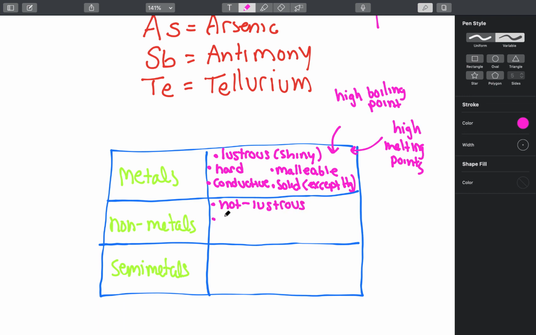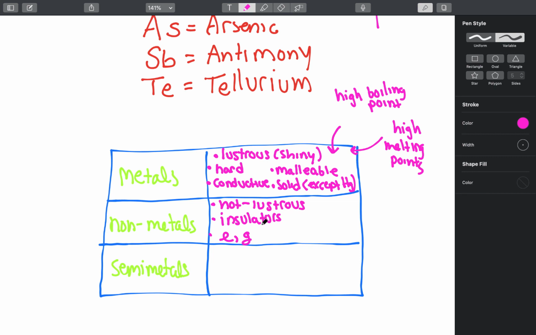They tend to be insulators. That means that they do not transmit charge very well. Now the nonmetals can be liquids and gases, so their phase can vary.